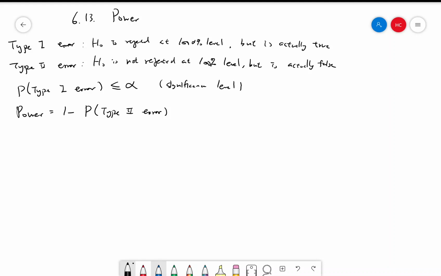Some books call the probability of type 2 error beta, the letter after alpha. Because the power is 1 minus the probability of type 2 error, the higher the power is, the better the test is, because that means the smaller the type 2 error is.